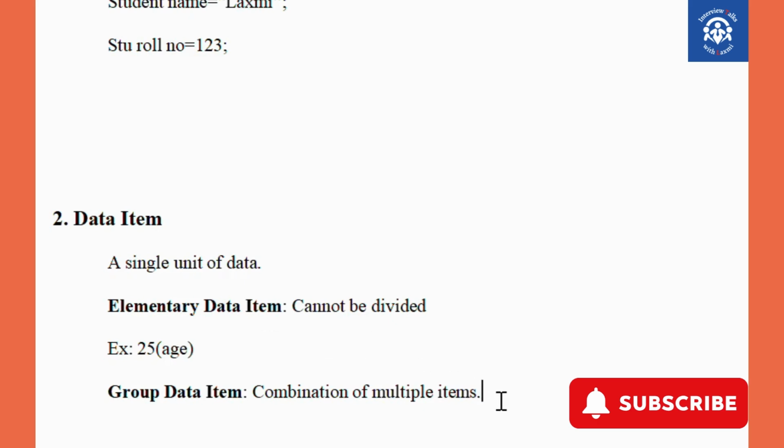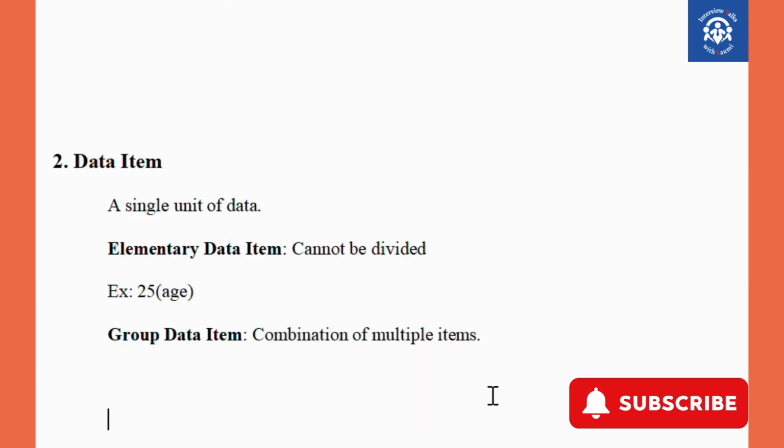Now coming to the next one, group data items. Group data items means a combination of multiple items. Let me give one example for the combination of multiple items, that is marks.